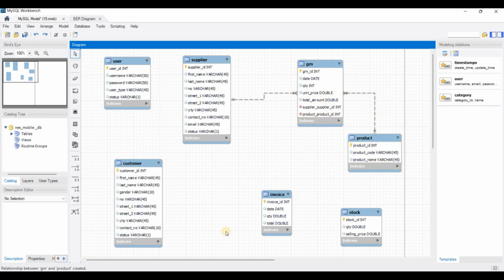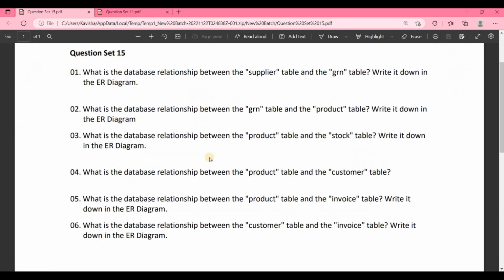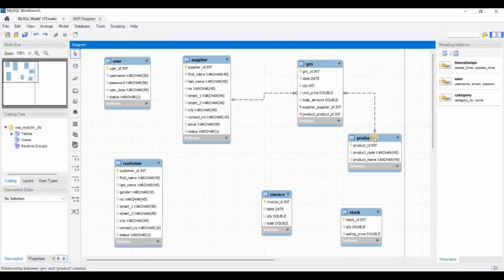Let's see the next question. In the third part, what is the database relationship between the product table and the stock table? Here we have to identify the relationship between product table and the stock table. Here's the product table and here's the stock table.